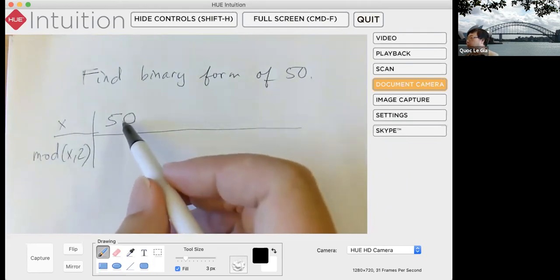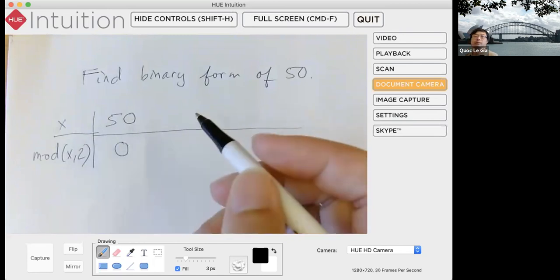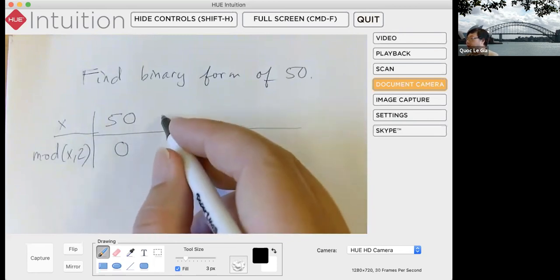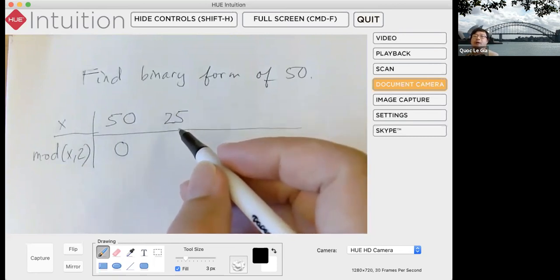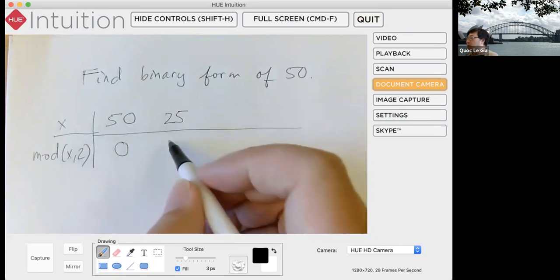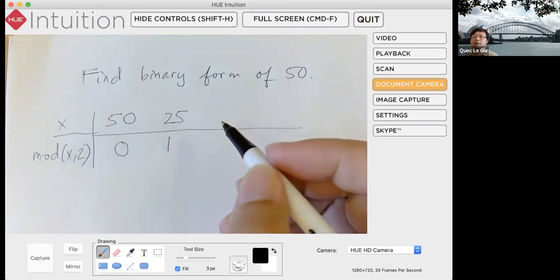The remainder when you divide 50 by 2 is 0, and you write 0 here. You divided 50 by 2, so you got 25. Then you take 25 and divide by 2, and the remainder is 1. So you write 1 here.